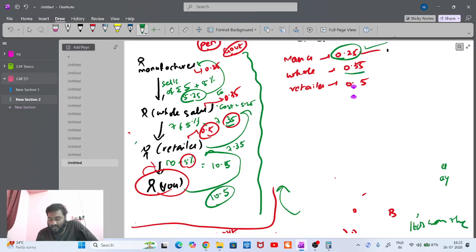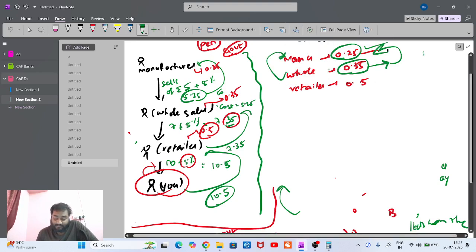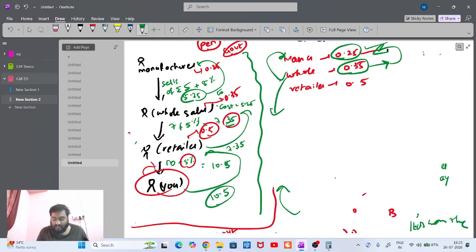The manufacturer pays 0.25. Okay, it is well and good. In the wholesaler's 0.35 rupees, there is the amount of 0.25 also, because the wholesaler also pays 0.25 plus 0.1 rupee, which is why there are two things in here. For the wholesaler, 0.35 minus 0.25.